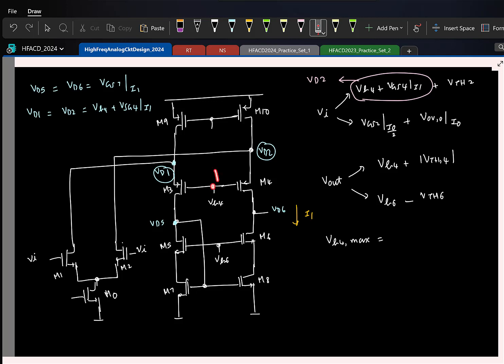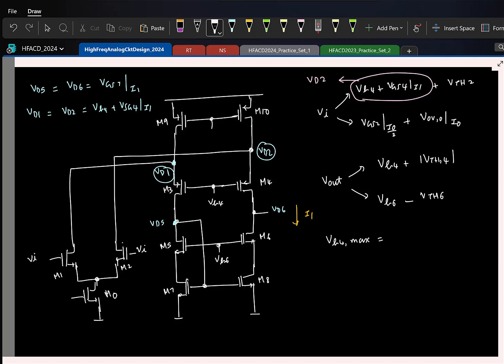If I keep increasing VB4, what happens? If this increases, this will keep increasing. So what will happen? The drain voltage of M9, M10 increases, which means they can go out of saturation. So what is the maximum the drain here can go to?